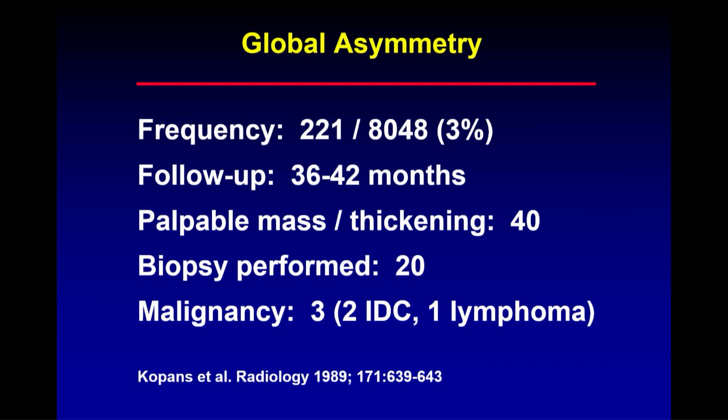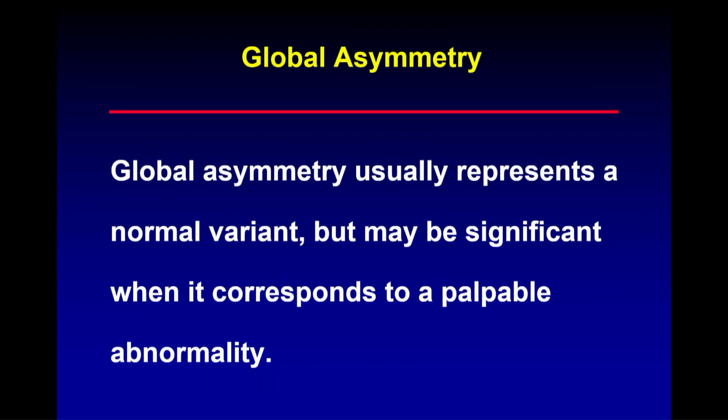So what does this mean? What it means functionally is that it's a normal variant unless there's a palpable correlate. And if there's a palpable correlate, then you have to decide what to do. At screening, you may see global asymmetry, but those are all women who don't have a palpable correlate.